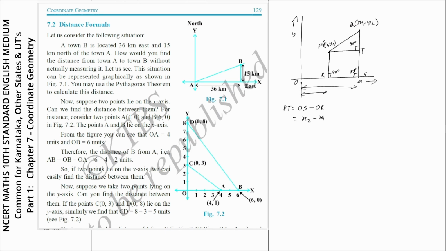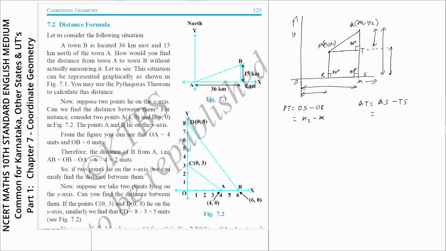Now similarly, what is the length of QT? The length of QT is this length minus this length. That means QT is nothing but QS minus TS.